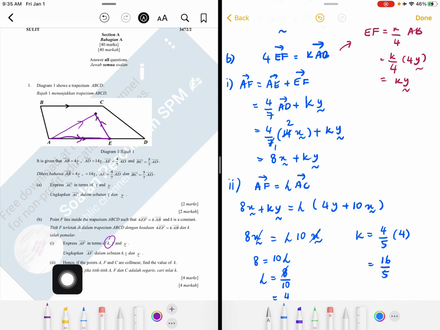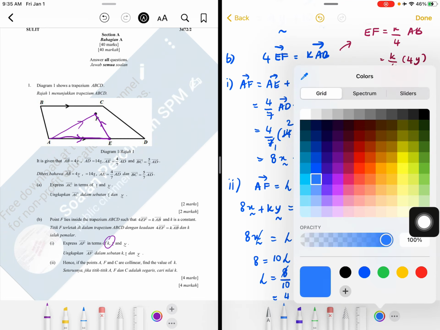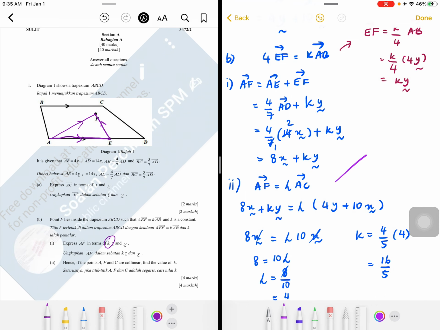For number 2, hence if the points A, F and C are collinear, find the value of k. Collinear means they are located on one line, A, F, C. That's the meaning of collinear. So we see that AF is equal to lambda AC, or you can say AC is equal to lambda AF.